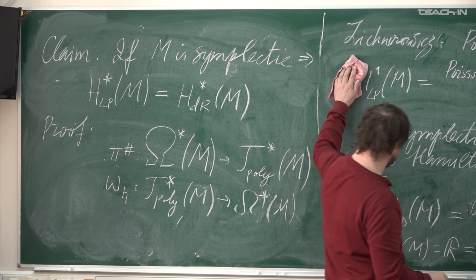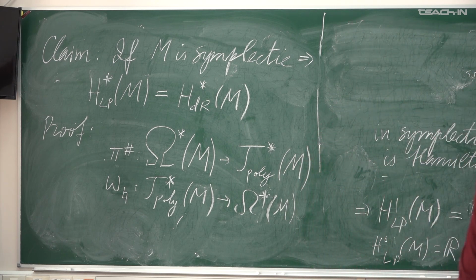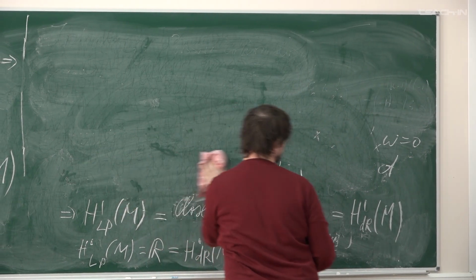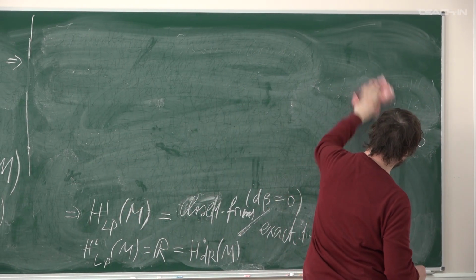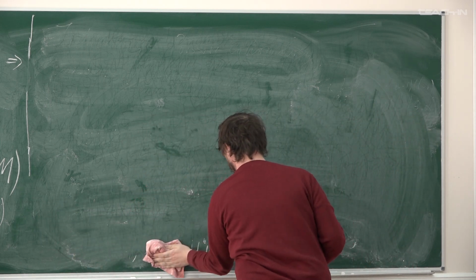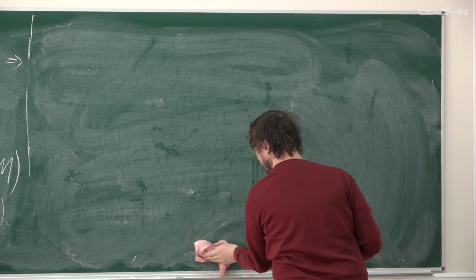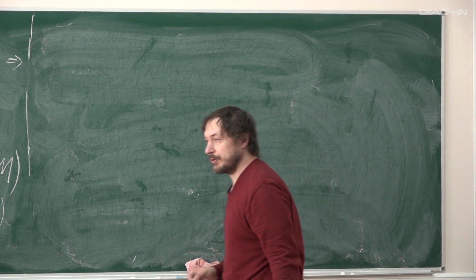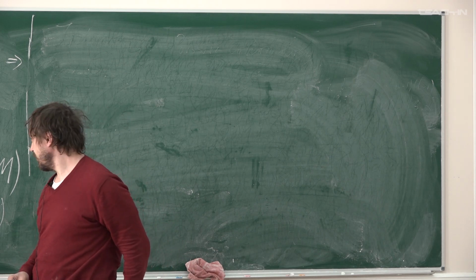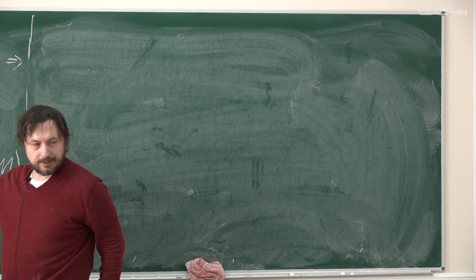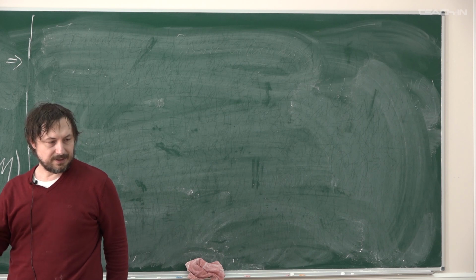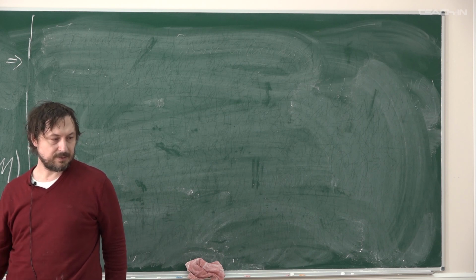Now it only remains to show that these two operations do in fact intertwine the de Rham differential with the Lichnerowicz-Poisson differential. This pi sharp is a contraction. It's actually, in the coordinate sense, you just take all the indices and contract them with the coefficients of the symplectic form.